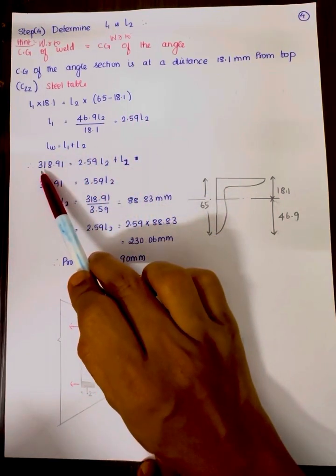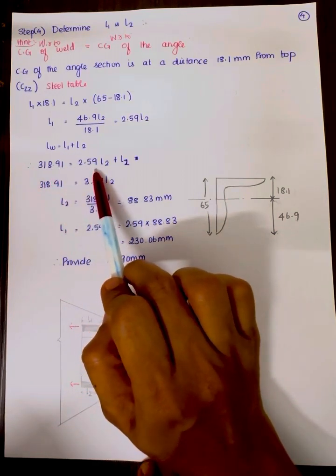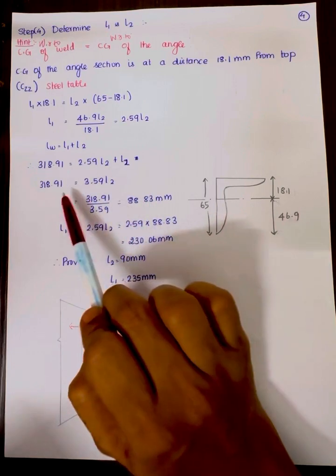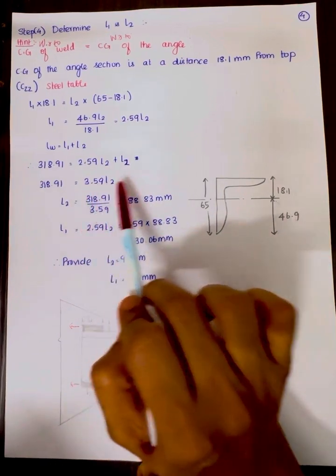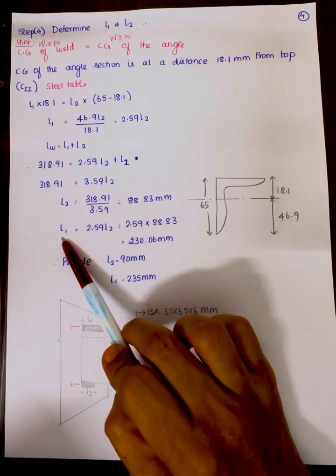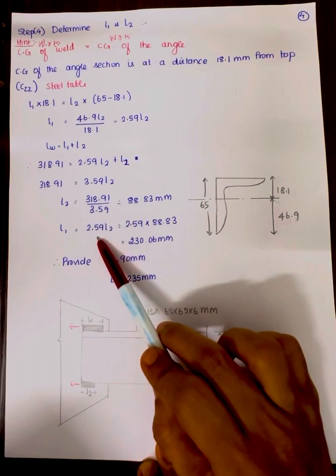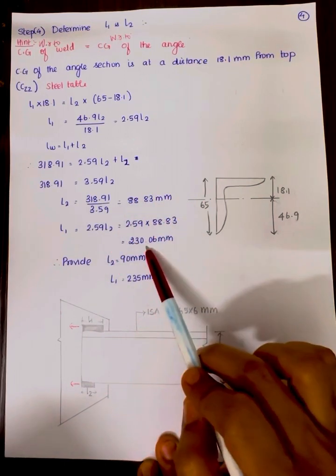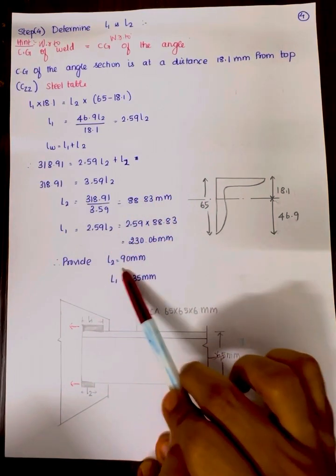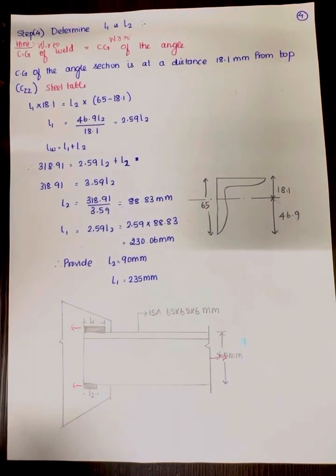So substituting that here, 318.91 is equal to 2.59 L2 plus L2. From this L2 is equal to this much. So L1 is equal to what? L1 is equal to 2.59 L2. So 2.59 into L2. So you'll get this value. Provide L2 is equal to 90 mm, L1 is equal to 235 mm. Got it? This is very simple.